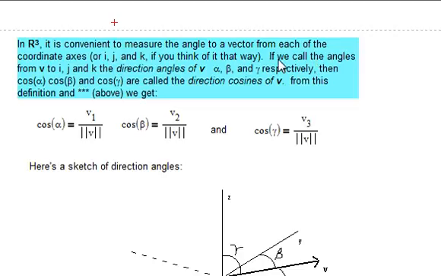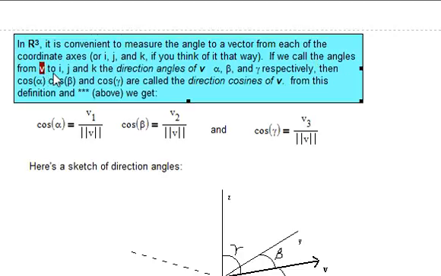So, if we call these angles from vector v to i, j, and k, or to the x-axis, y-axis, and z-axis, the direction angles of vector v, then alpha, beta, and gamma, respectively, then cosine alpha, cosine beta, cosine gamma are called the direction cosines of vector v.